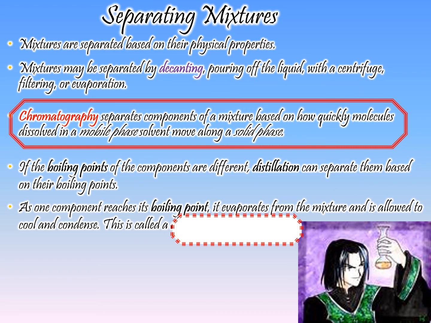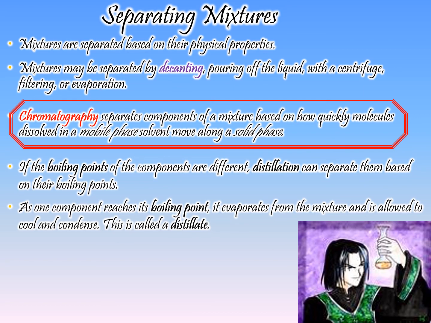The best way to separate a solution is definitely distillation. As long as they have two different boiling points, you can boil off one of the chemicals and leave the other one behind. If you boil off one chemical and capture that and condense it somewhere else, that is what is called a distillate.